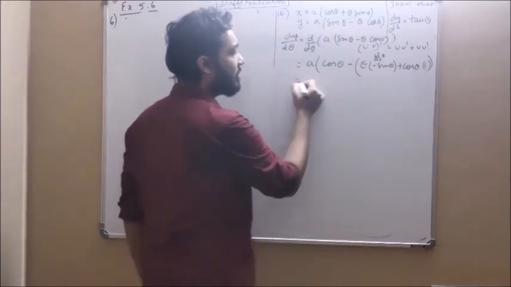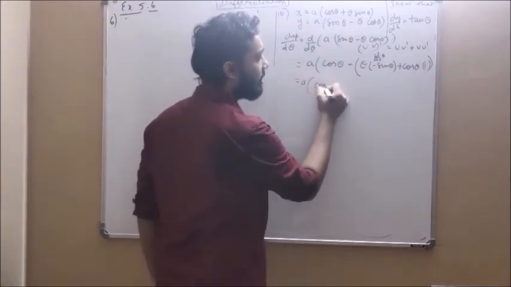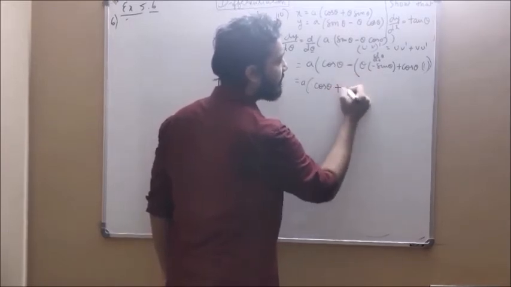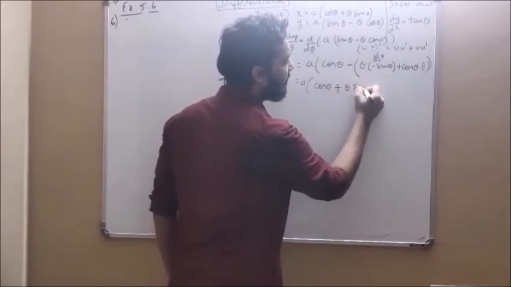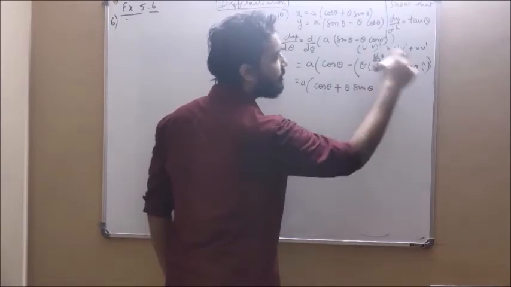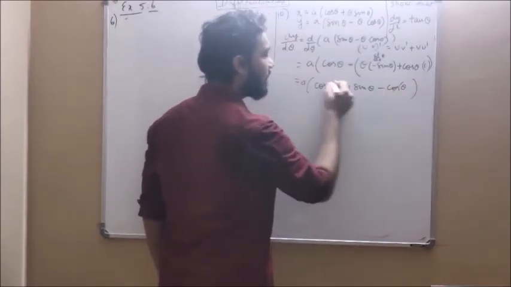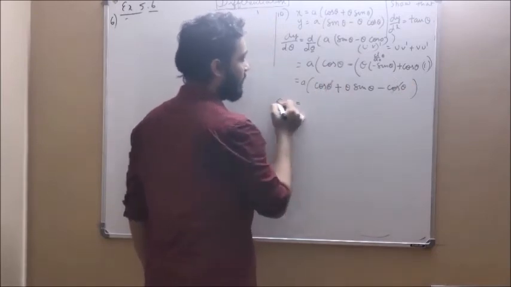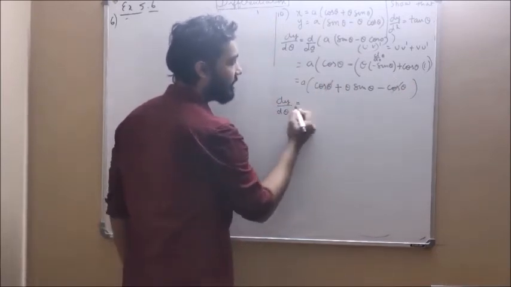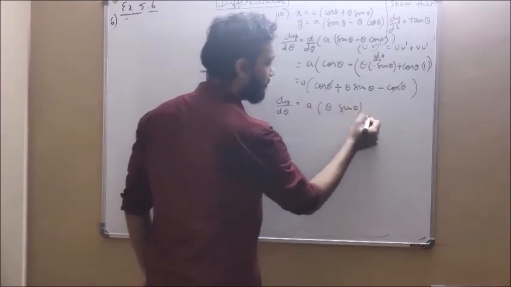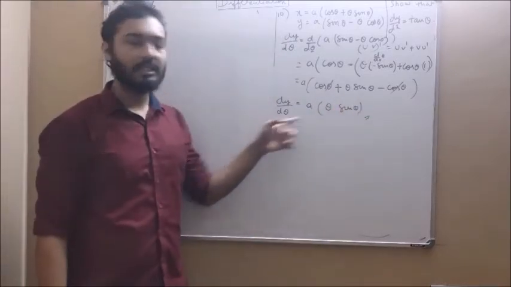So this is nothing but a into cos theta minus, here minus and minus will become plus theta sin theta, plus minus into plus is minus cos theta. So cos theta and cos theta will cancel. So dy by d theta is nothing but a into theta sin theta. So this is dy by d theta.